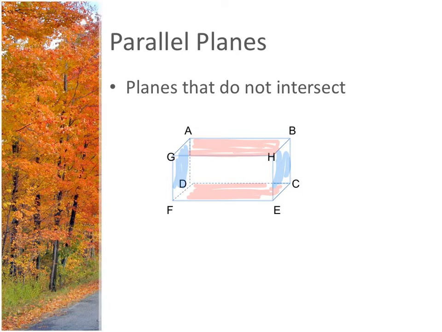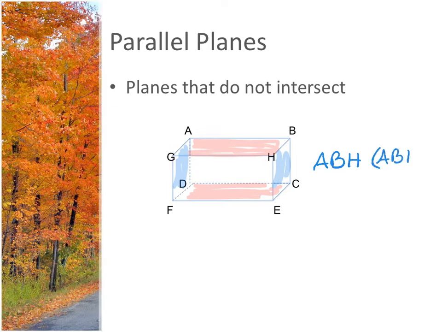Now, if they ask you to name parallel planes from this figure, remember in here, we don't have any italicized or cursive capital letters, so we would have to name the plane with three points. So I could either call the red top plane ABH, or I could name it with 4 letters.